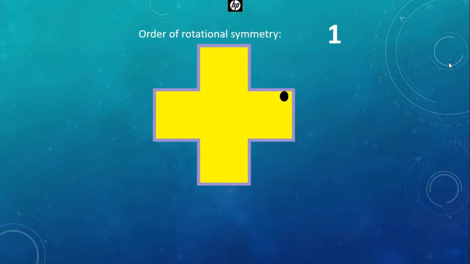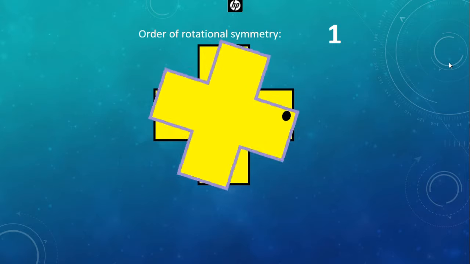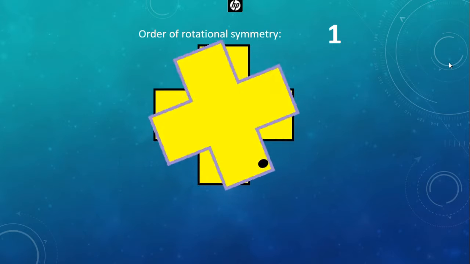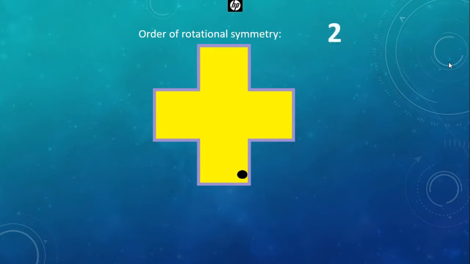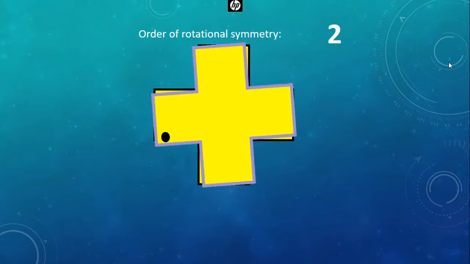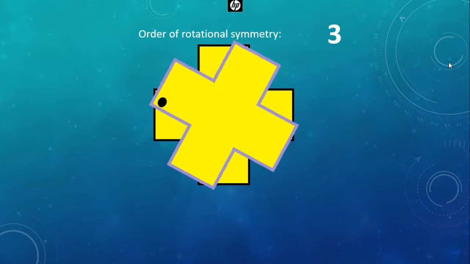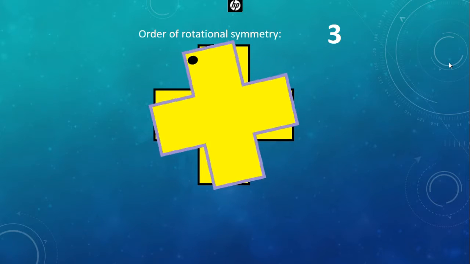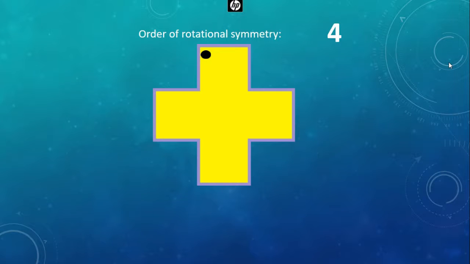My black dot isn't back at the start yet, so I can keep rotating. If I rotate it again, that's twice. I rotate it again, that's 3 times, and then I get back to the start, that's 4 times. Let me show you that one more time.